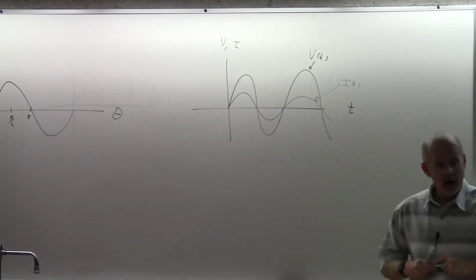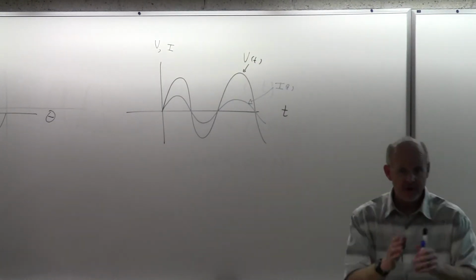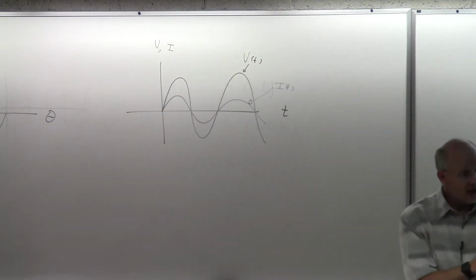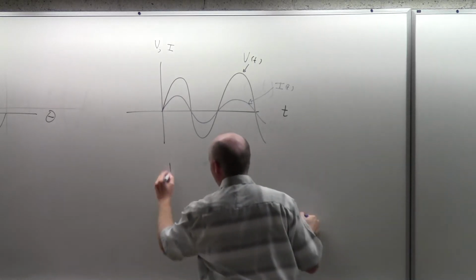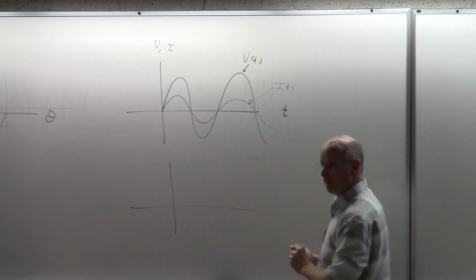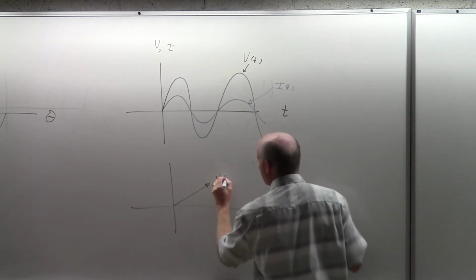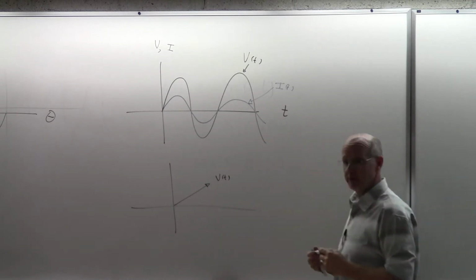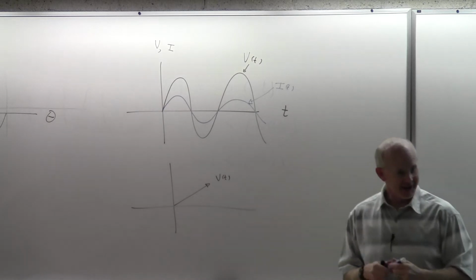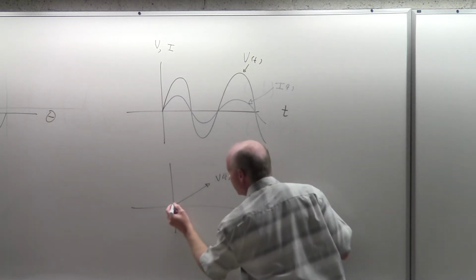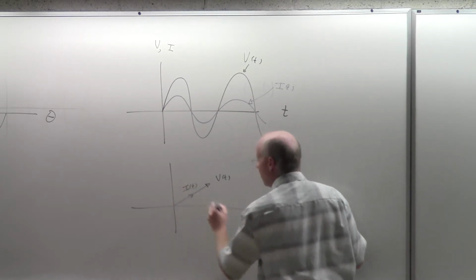How would I do it now that I have a phasor? How would I represent these same two sine functions with two phasors? One phasor for each sine function? Well, I would have one stick, which represents the voltage, and a shorter stick in phase, representing the current.